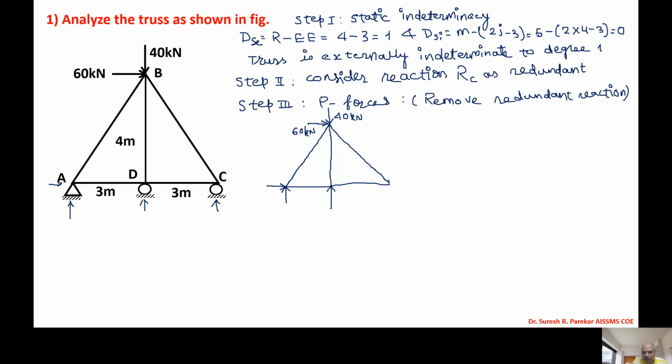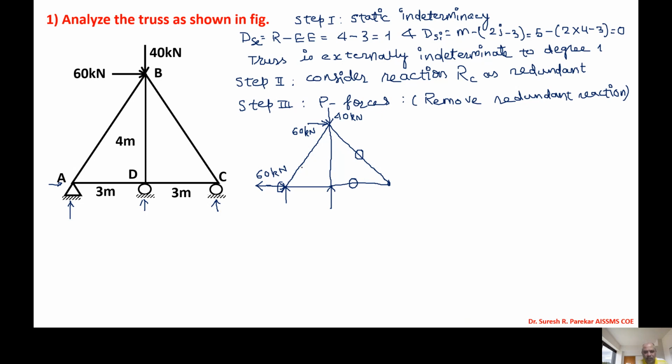Now as joint C has only two members, both these members are 0. Now summation Fx equals 0, so we get this as 60 kilonewton.